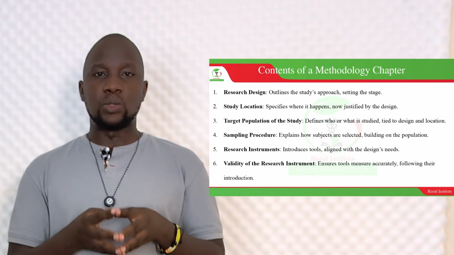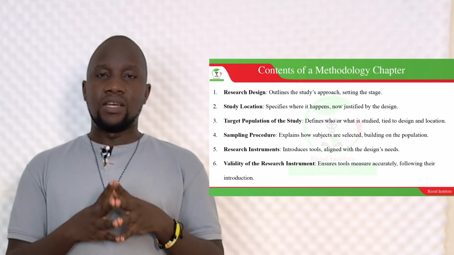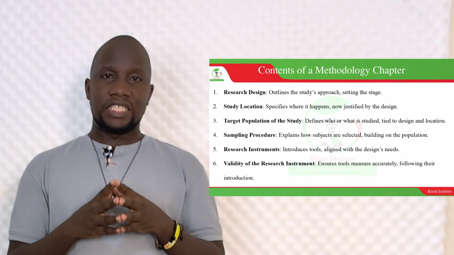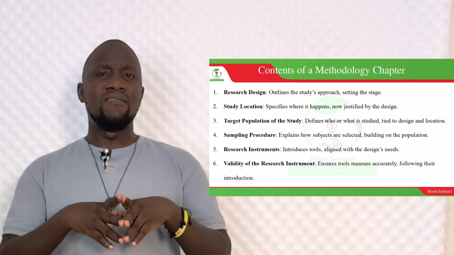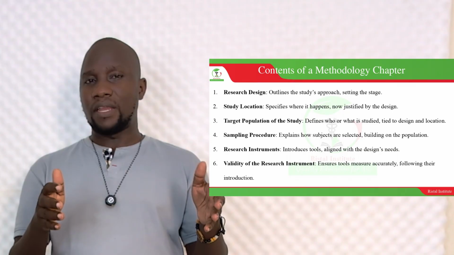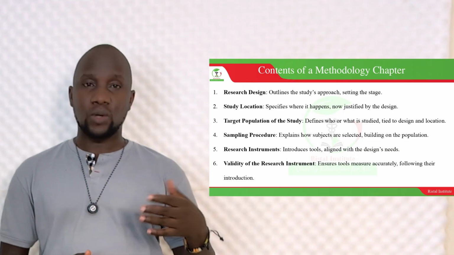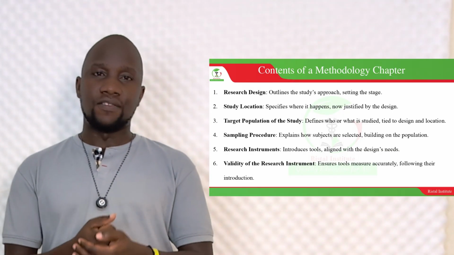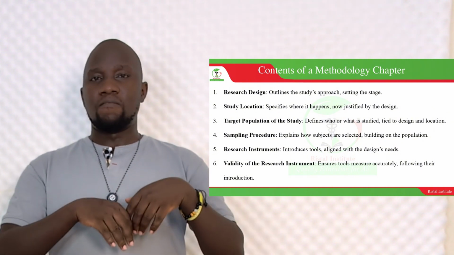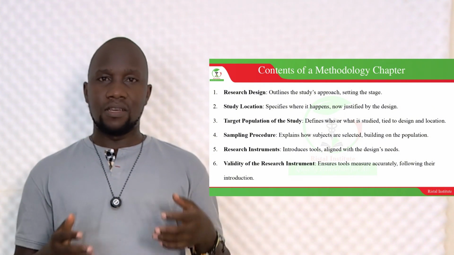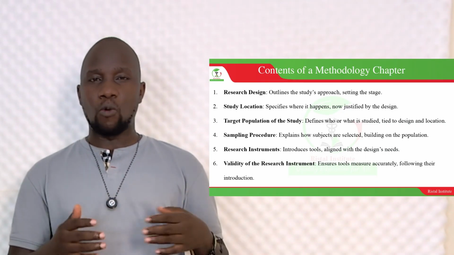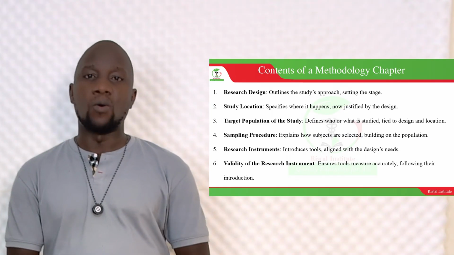Your work is not logical if you start with anything apart from the research design, because the research design gives us an insight into how the other things are going to progress. So that's why we start with the research design. You outline the research design, and because it sets up the stage, the reader is going to know the things that you're going to be writing below.